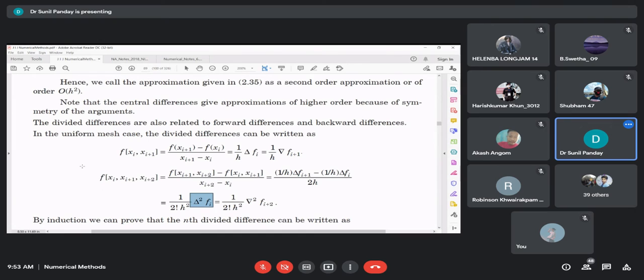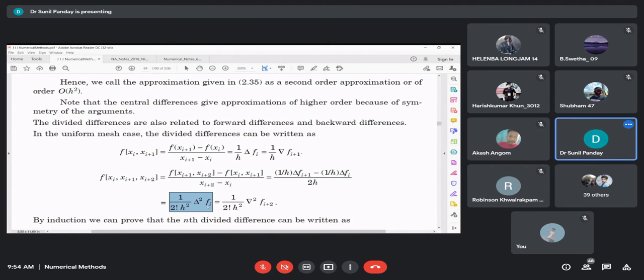So if you are calculating the divided difference of second order for equally spaced data, it is equal to 1 upon 2 factorial h square times the second forward difference of f of xi.